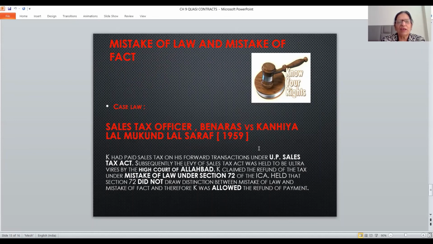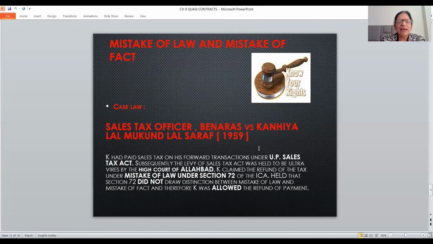There's a case law here which provides that Section 72 did not draw any distinction between mistake of law and mistake of fact. The case law is Sales Tax Officer, Benaras versus Kanhaiya Lal Mukand Lal Saraf.